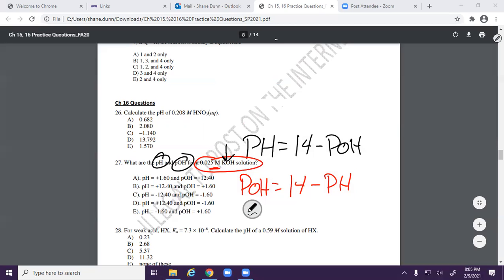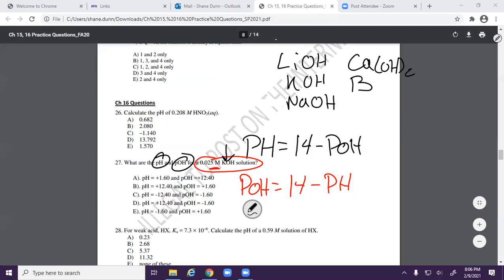Because the strong bases are lithium hydroxide, potassium hydroxide, sodium hydroxide, calcium hydroxide, and then you have barium hydroxide, the ones they want you to memorize for right now. Yes, KOH, which we have right now. Does it make sense? It won't make a lot of sense because we haven't had class on this yet, but once you have class on it, you'll understand it way better.